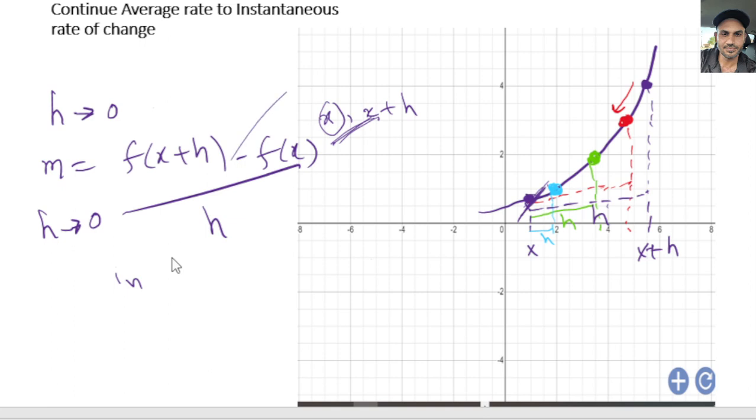So as h becomes very small, close to 0, the average rate becomes the instantaneous rate of change.